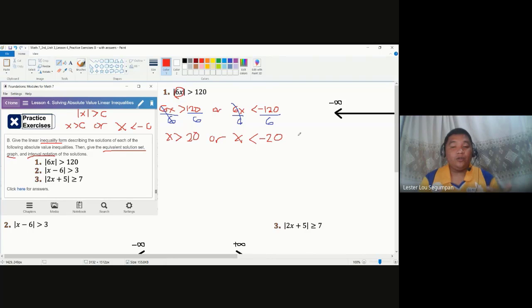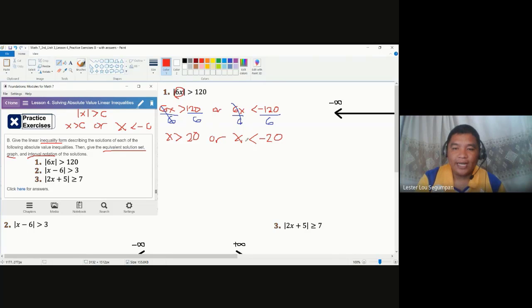Again, we do this process because in our general format for the linear inequality form, our coefficient for x is simply 1. And we could also check this. We could actually use 21 here. 6 times 21, as we substitute in our given, is actually 126. And the absolute value of that is greater than 120.